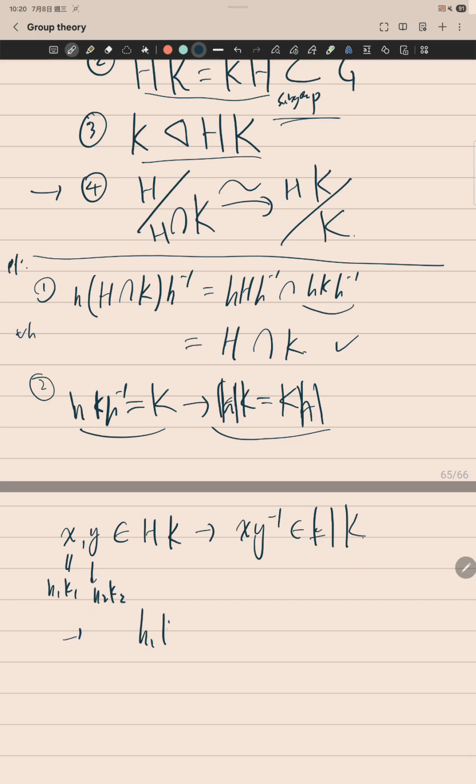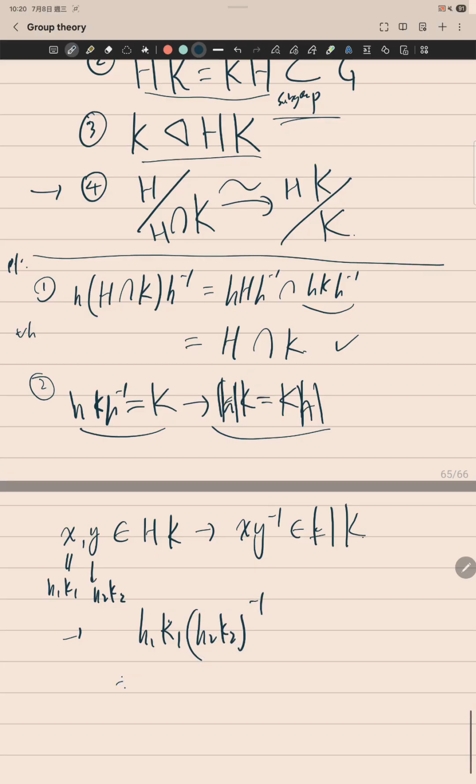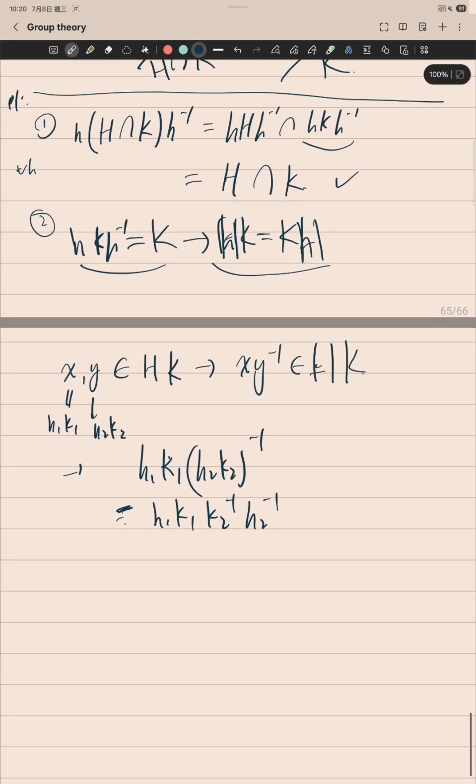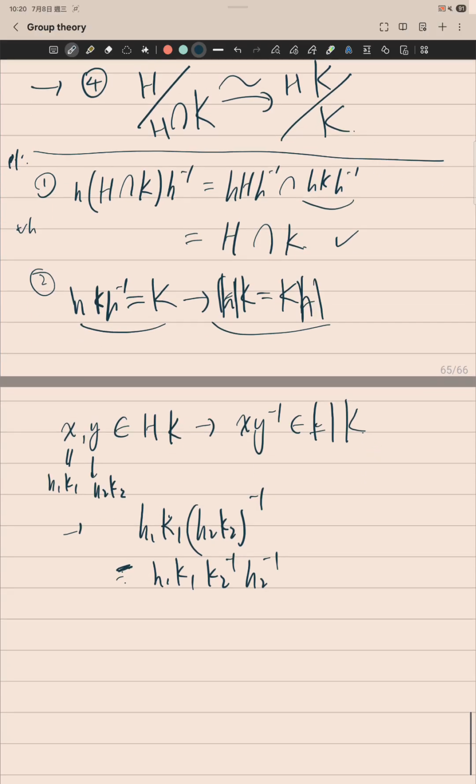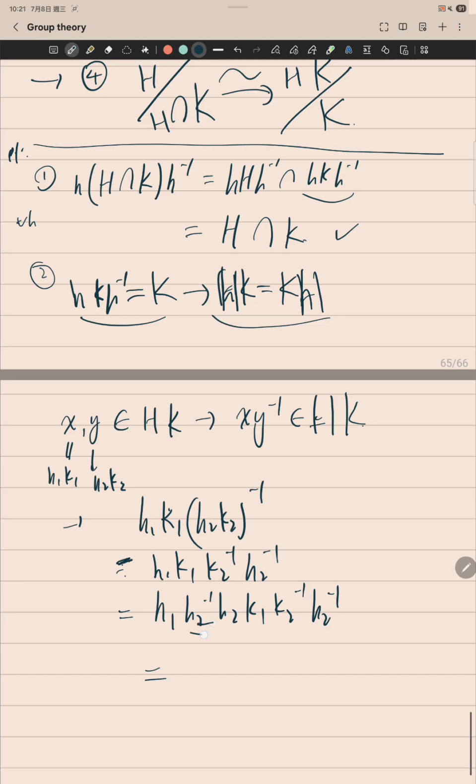I should be able to prove the following: h1k1 times (h2k2) inverse, which is h1k1k2 inverse h2 inverse. Now let me insert this: h1 h2 inverse h2 k1 k2 inverse h2 inverse.